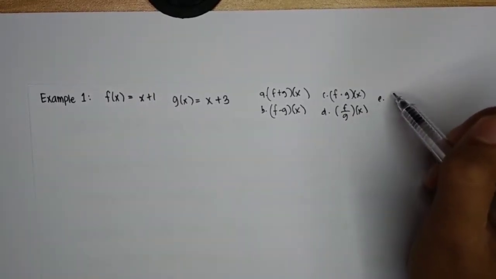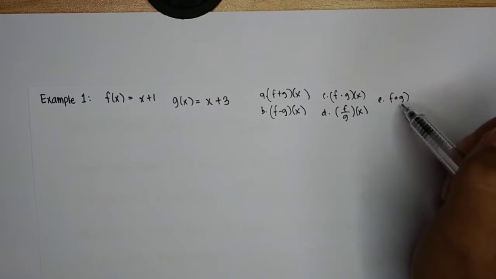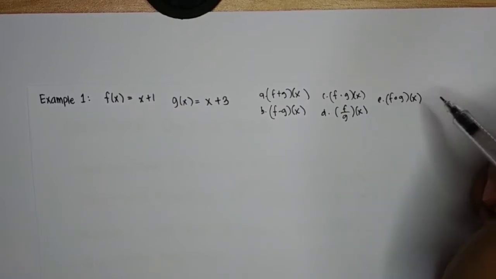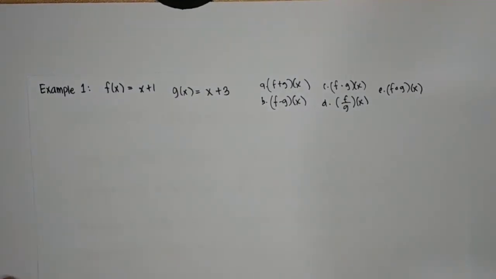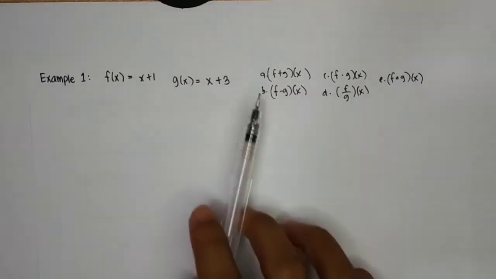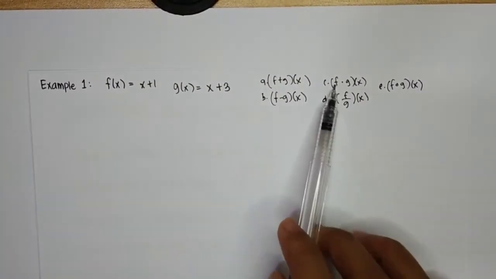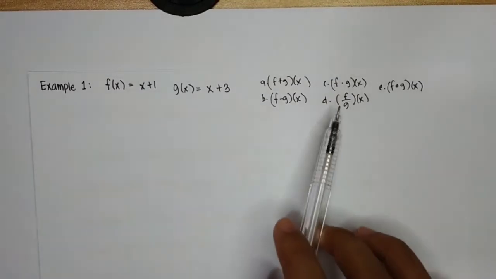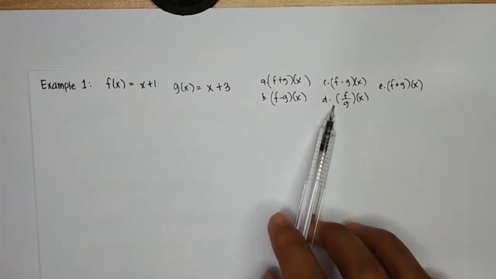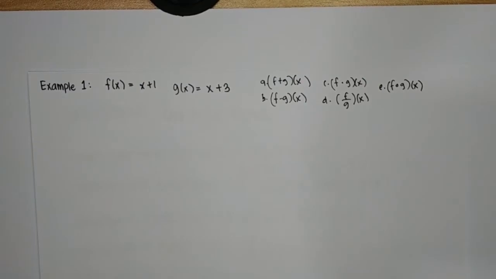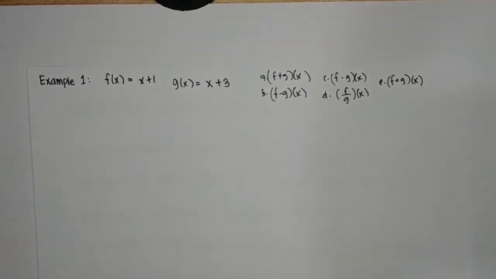And the last, letter e, f composed of g of x. Okay, so we have this order: A is the sum, B is the difference, letter C is the product, letter D is the quotient, then letter E is the composite function.